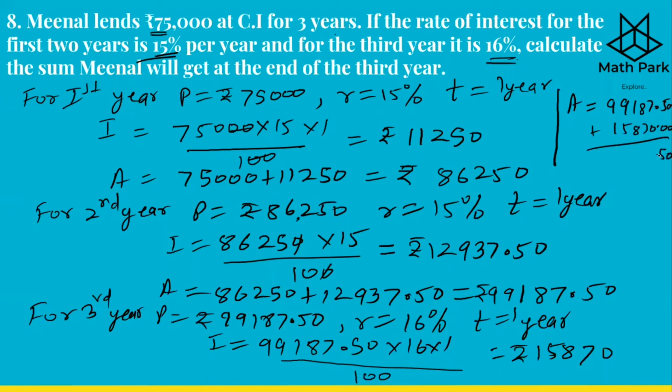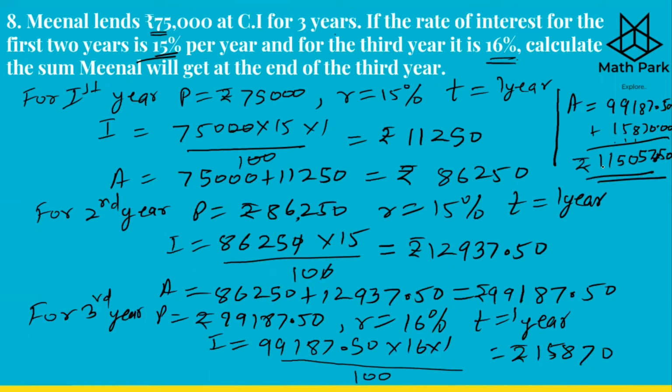We get it as 8 plus 7 is 15, carry 1, 8 plus 2, 10, carry 1, 9 plus 6 is 15, carry 1, 9 plus 2, 11. We get it as 1,15,057 rupees and 50 paisa.